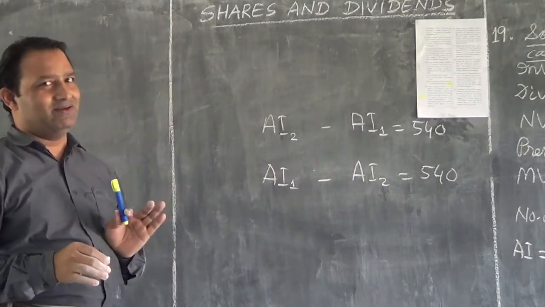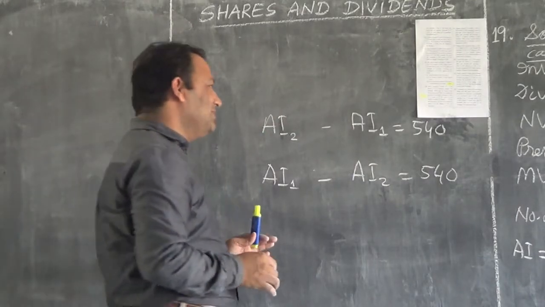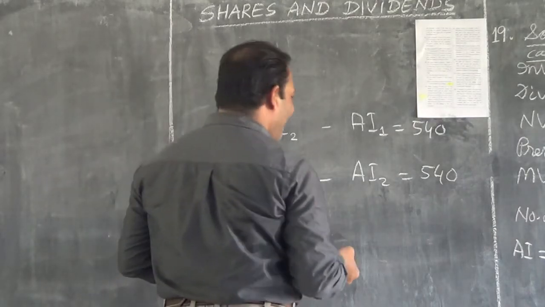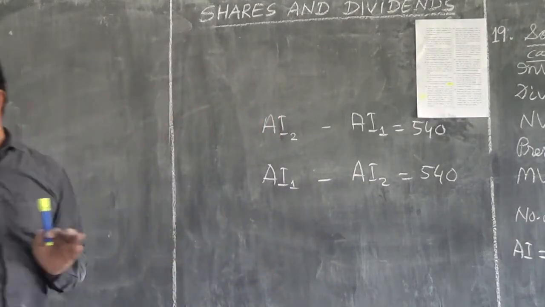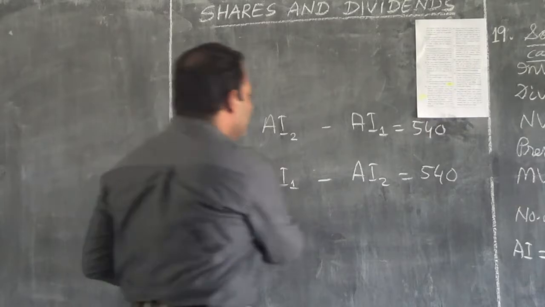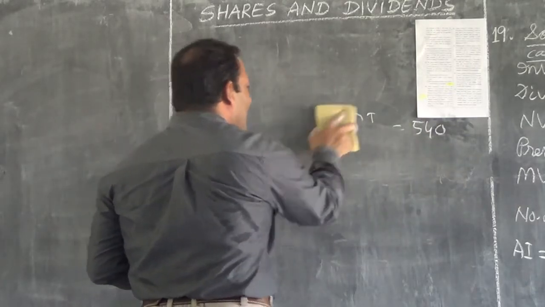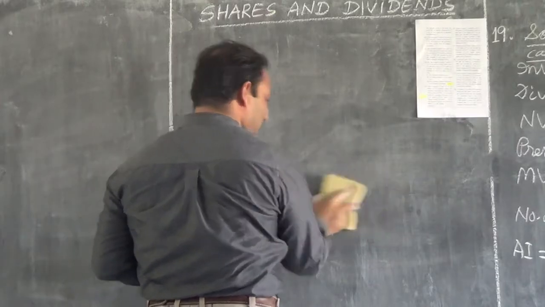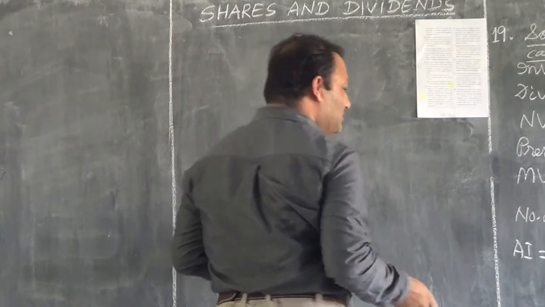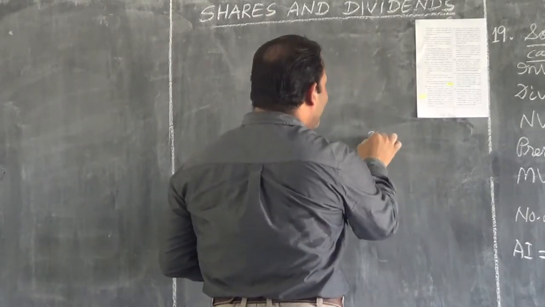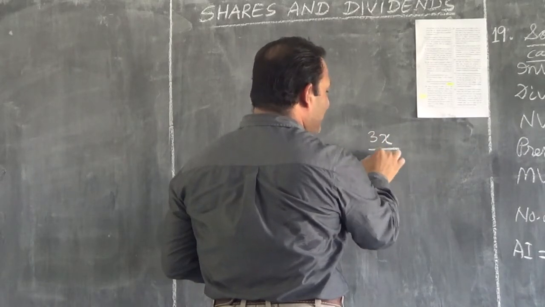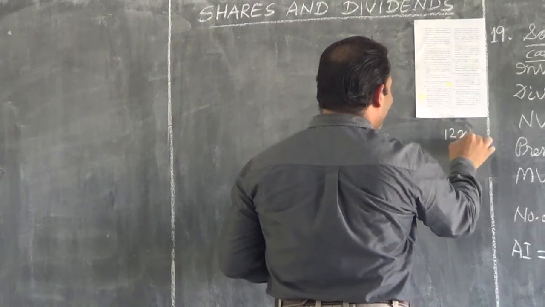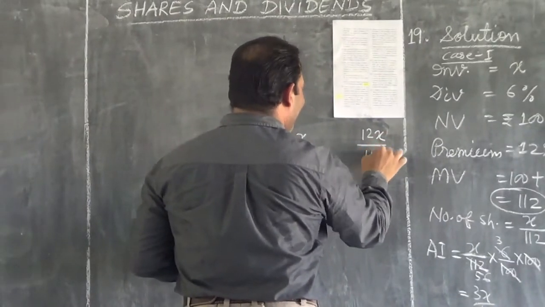So here you see what I am doing. I am doing rock work. God help me to know whether the income increased or decreased. Help me God, you see how God will help me now. 3x by 56 and 12x by 112.